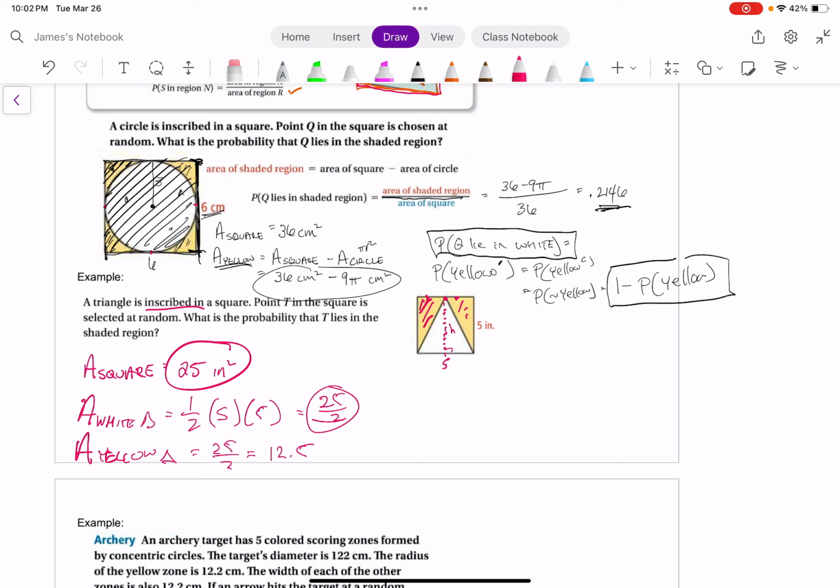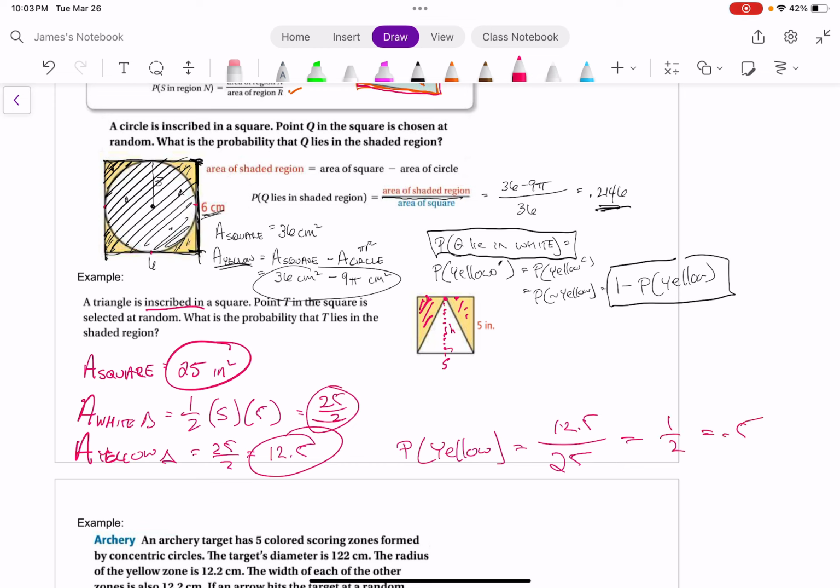So then what's the probability of landing in a shaded region or the yellow region? Okay, 12.5 over 25, which reduces to 1/2, or 0.5.